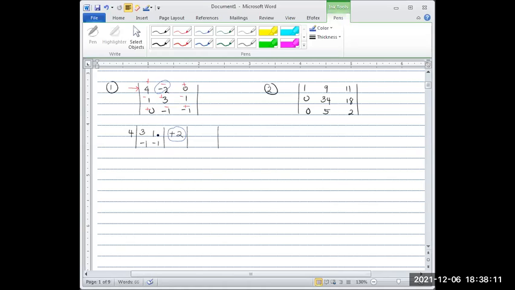Positive 2 for my cofactor. All right. Similarly, anywhere the 2 falls in, any column, any row, I'm removing those. What is left? 1, 1, 0, negative 1.